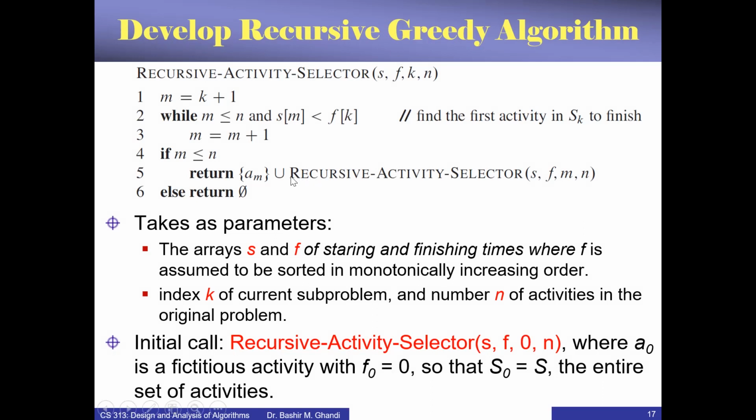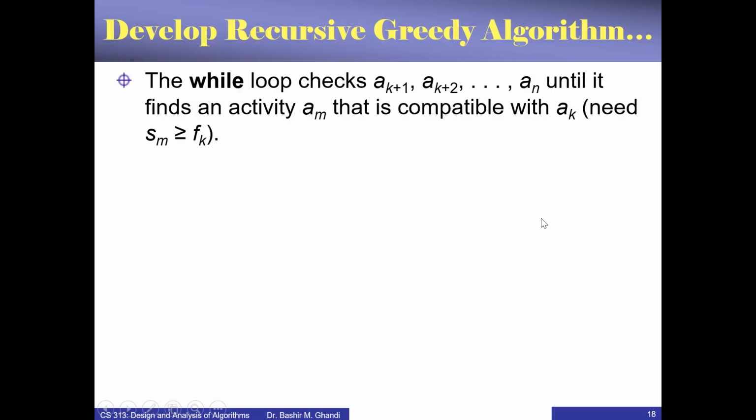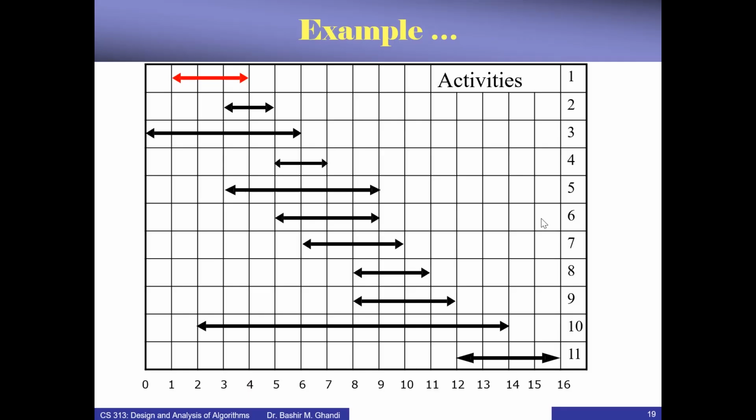Yeah, the only thing after this recursive call is taking the union with this one. So it is easy to convert this to iterative. It's almost tail recursive. That's what we are saying. So let's continue.